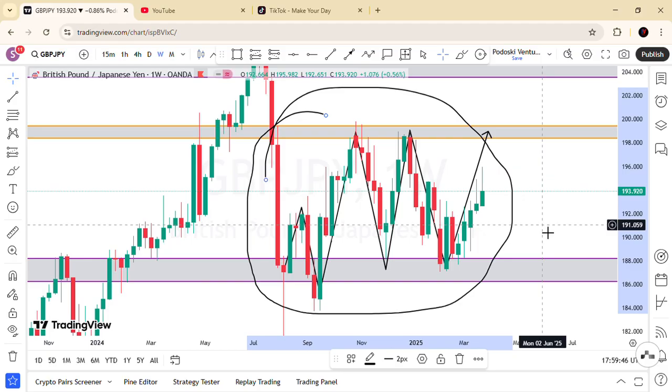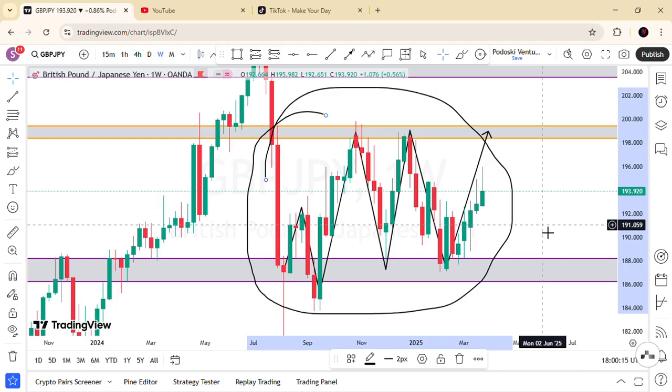And one thing about consolidation zones is, if it's consolidating on the higher time frame, you can go to the lower time frame and trade. But if price is consolidating on the lower time frame, that is when you stay away. Let me take it again. If price is consolidating on the higher time frame, you can go to the lower time frame and look for opportunities to trade.